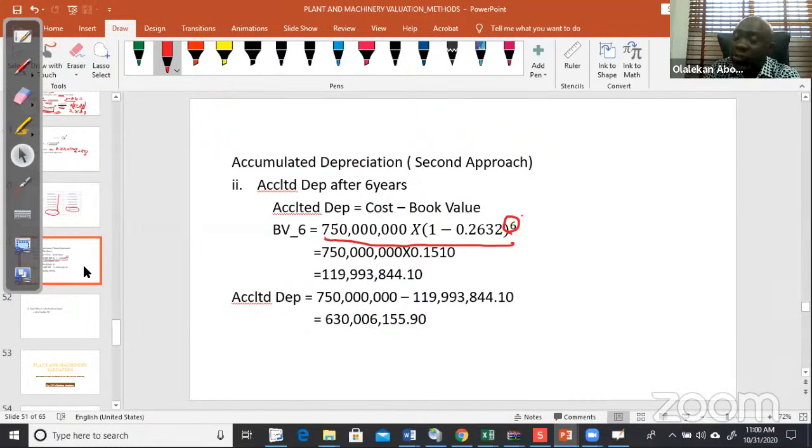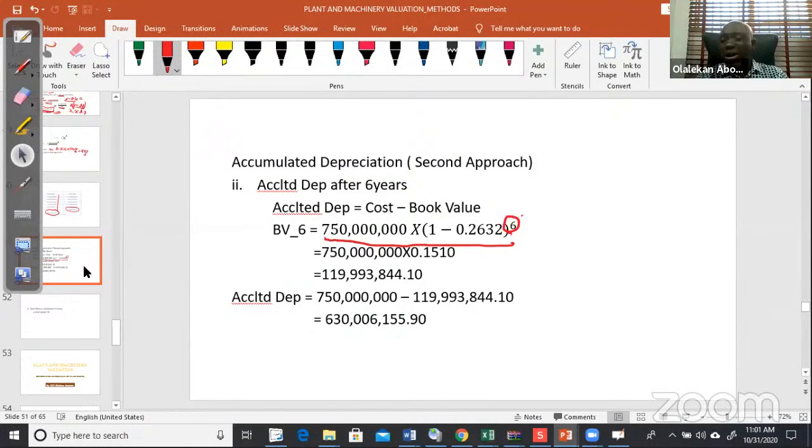Remove the depreciation of year three from the book value of year two, you get book value for year three. Then 4% of your book value of year three gives you depreciation of year four. Book value of year three minus depreciation of year four gives you book value of year four. Like that until you get to the end of 25 years, if the question requires it.